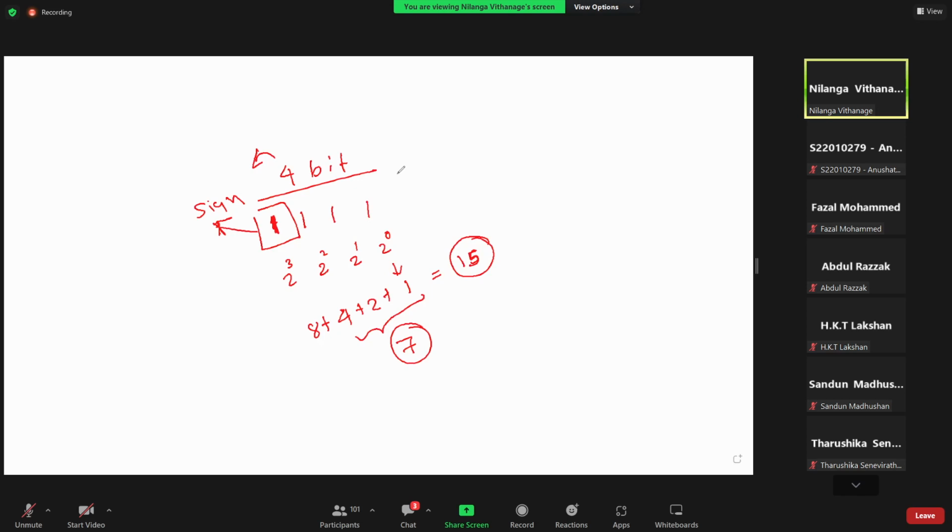You have to use all the resources as much as possible, right? So that is why, if you dedicate one bit for the sign bit, it will be a huge disadvantage.